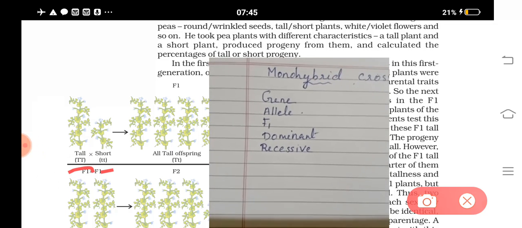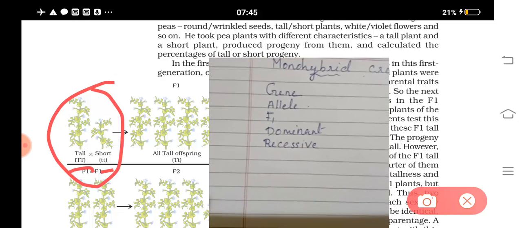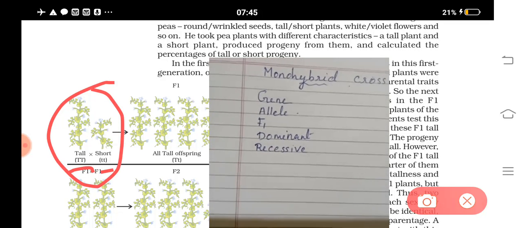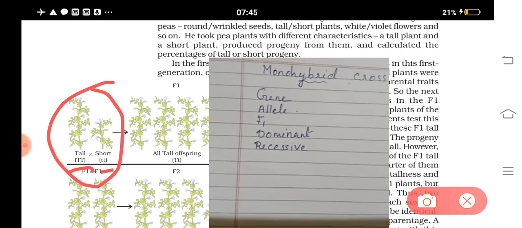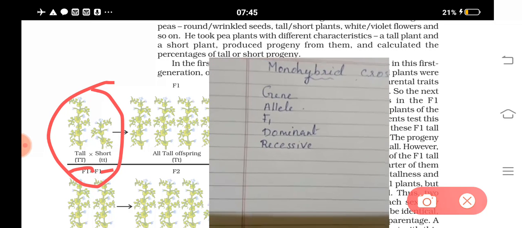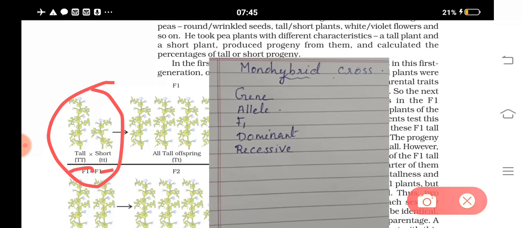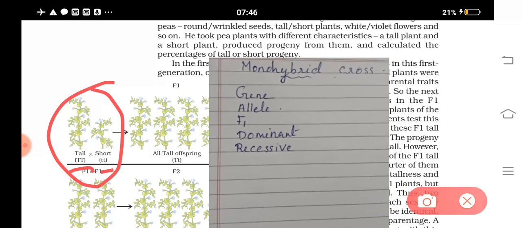So if only one character is studied, then it is a monohybrid cross. That will have two alternative traits, tall and short. And if it is the color of the flower, then there will be two alternate traits, white and violet.